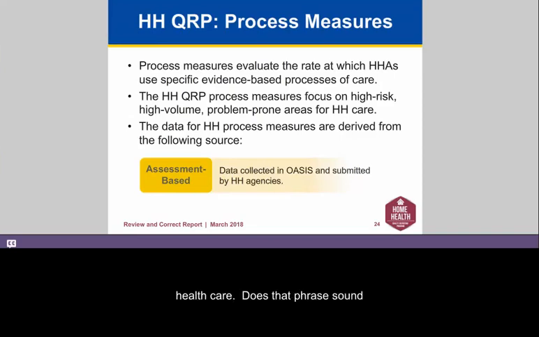This is the core of our new quality management process in the new COPs as of January of this year. High risk, high volume, problem-prone areas. The data for the home health process measures comes from the OASIS assessments that you have submitted.